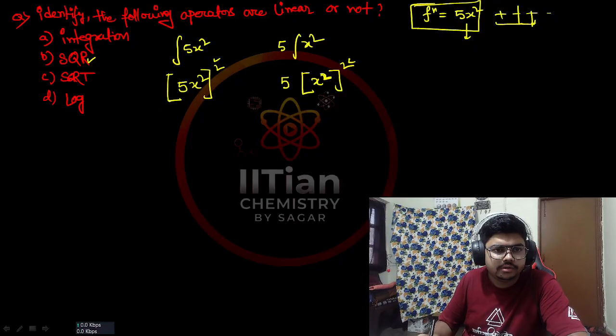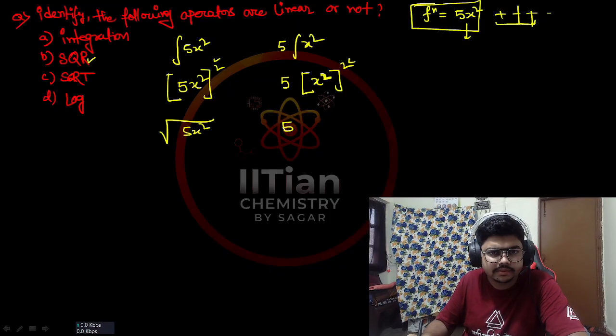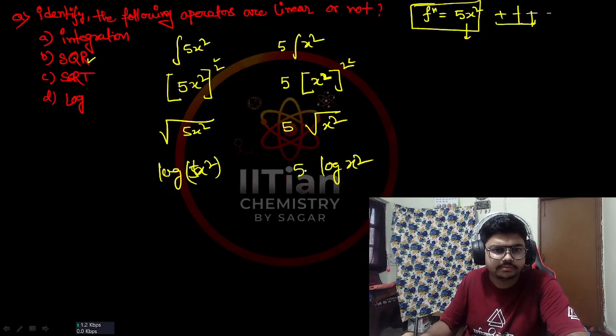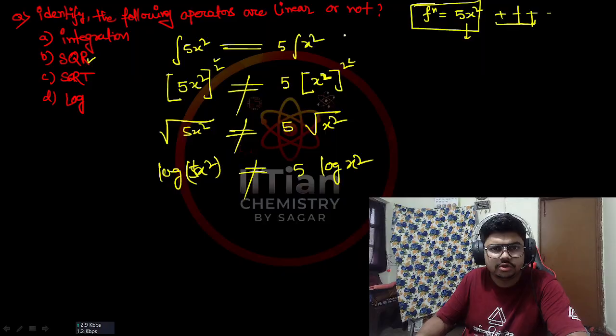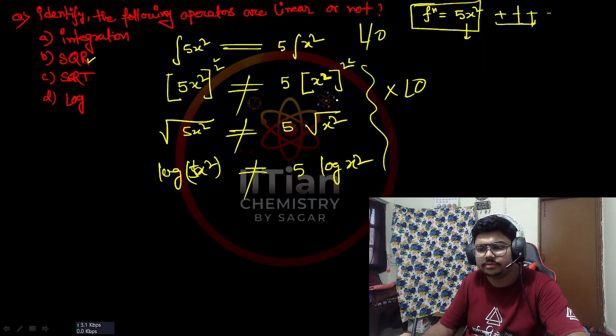Square root of 5x squared: is it the same meaning, that the root will not operate on 5, it will operate on this only? Log of 5x squared: does it mean 5 log x squared? This is true, this is not true, this is not true. So this is a linear operator, this is not a linear operator.